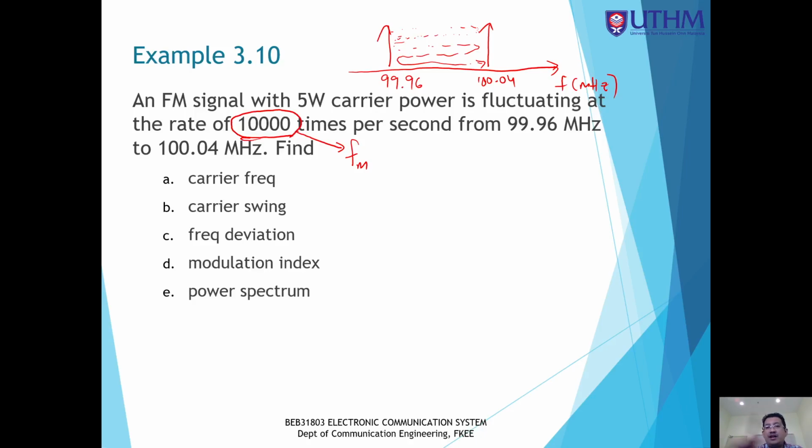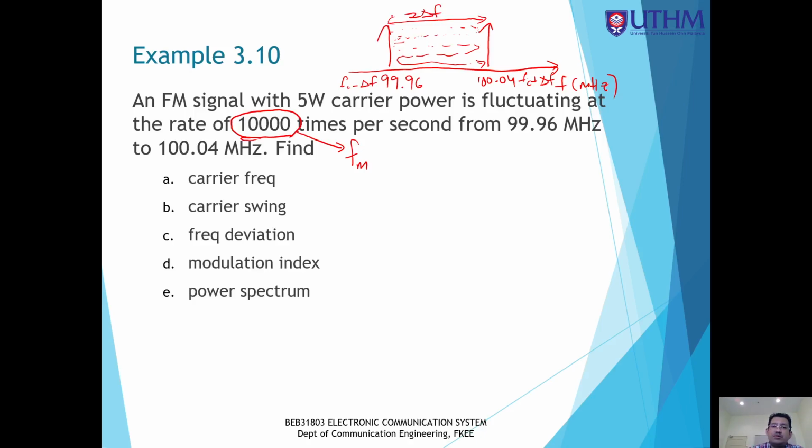The carrier moves from the lower frequency, fc minus delta f, until fc plus delta f. So the carrier moves for about 2 delta f, about 10,000 times in 1 second.